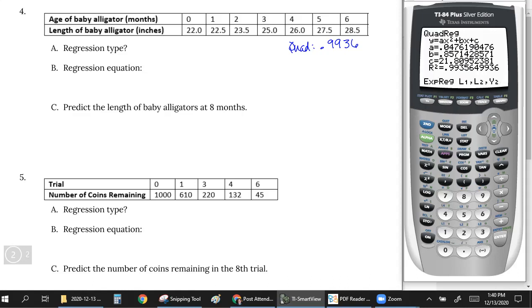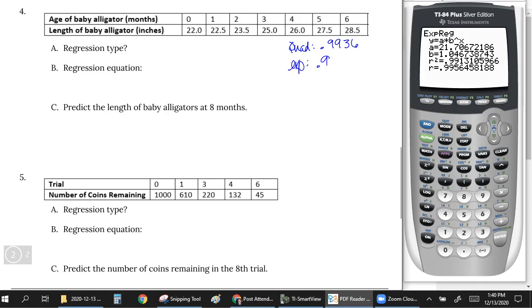It's going to spit out some expressions, and we're looking for the R squared value. Now this one, it pops up a little differently because it's a different function. But again, we're looking at that R squared value. So EXP, well, our R squared value is 0.9913. So both sets of data are actually pretty good, but the better one is actually quadratic.